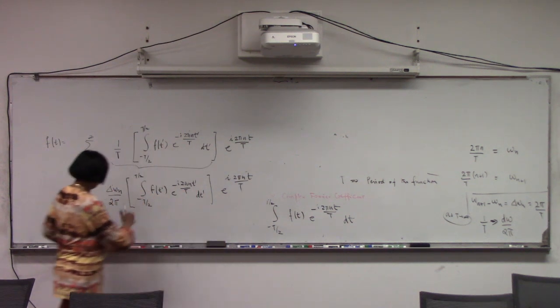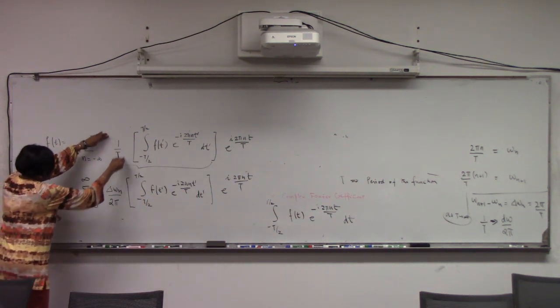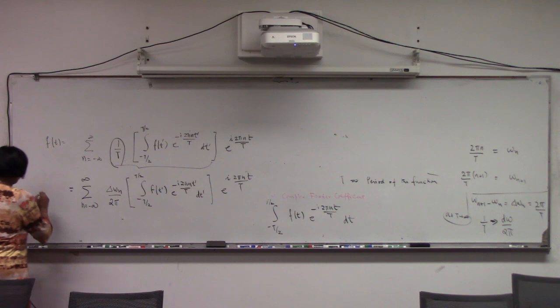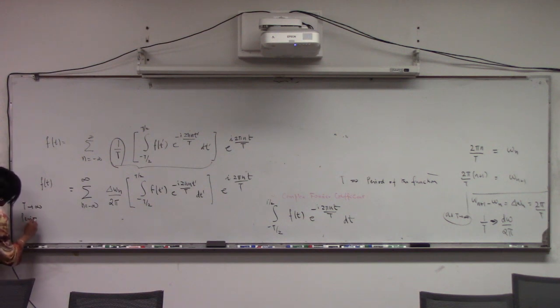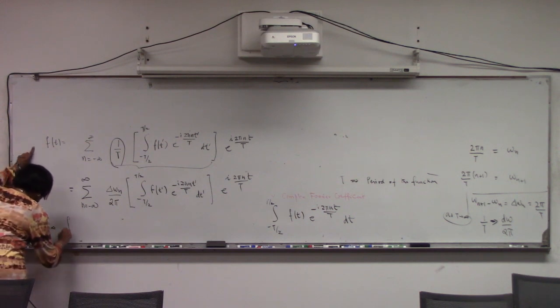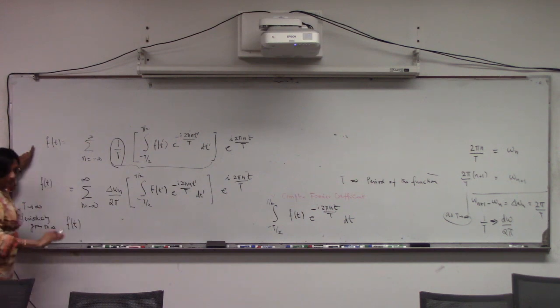I've done nothing but just substitute for this at this point. And now I'm going to make T go to infinity, that is, a non-periodic function. Periodicity goes to infinity. So now I'm writing the function representation for a non-periodic function.